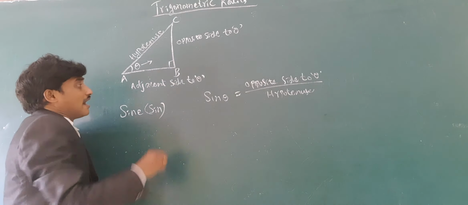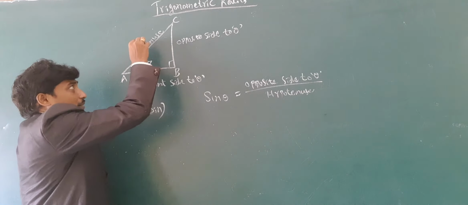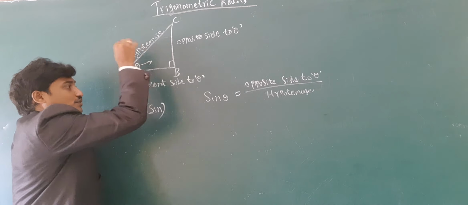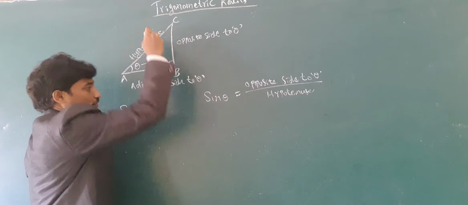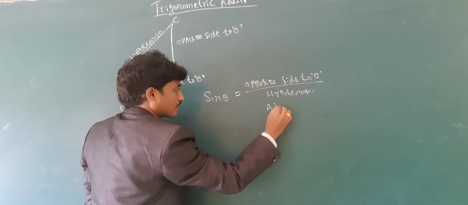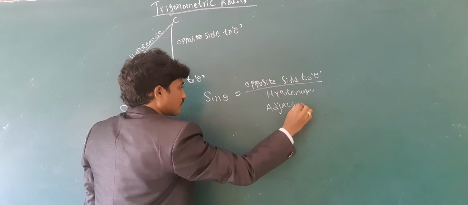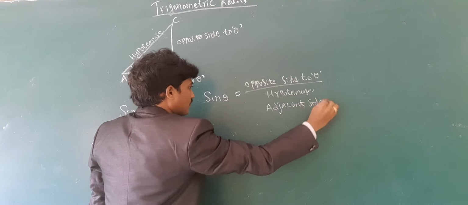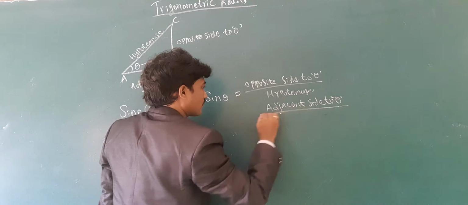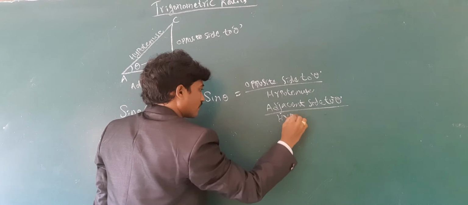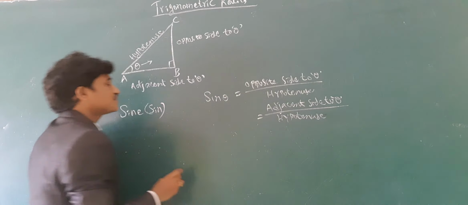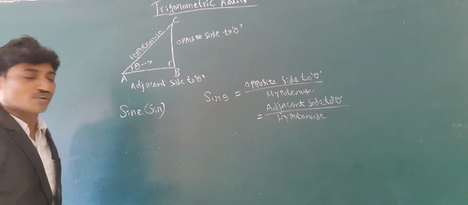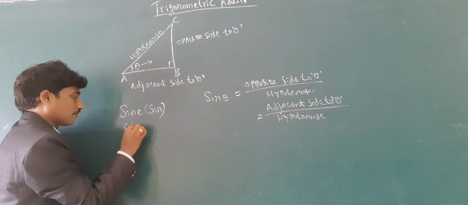Next, adjacent side to theta by hypotenuse. These two sides' ratio is also constant. This ratio is named as cosine theta.